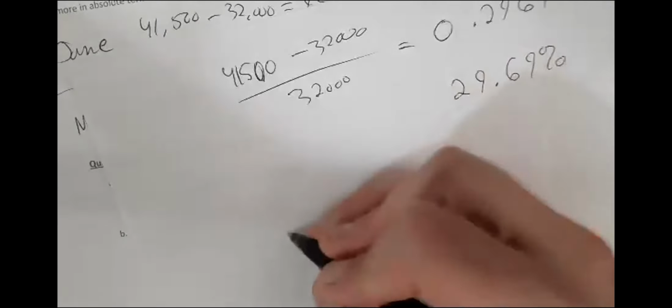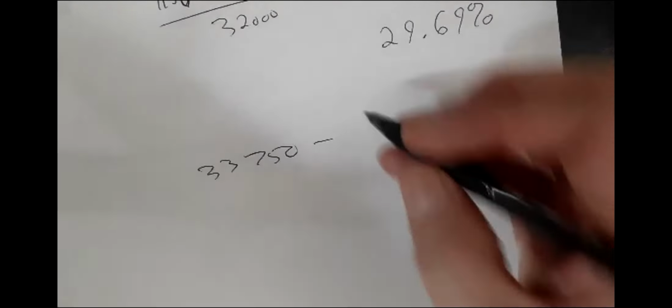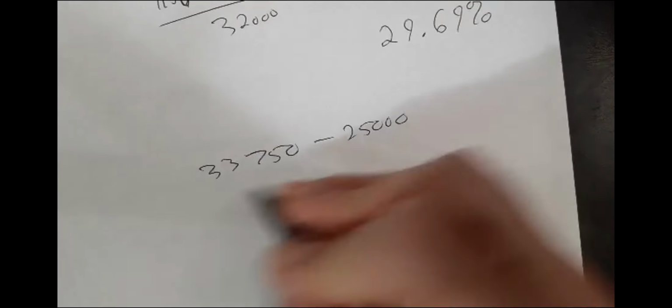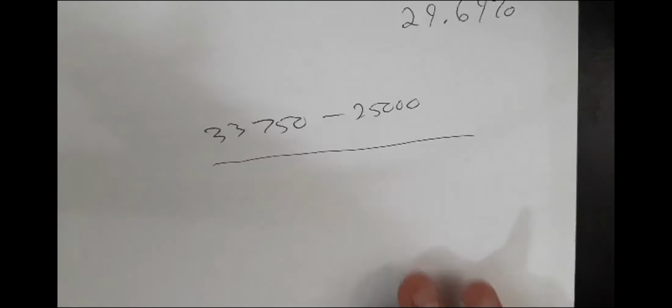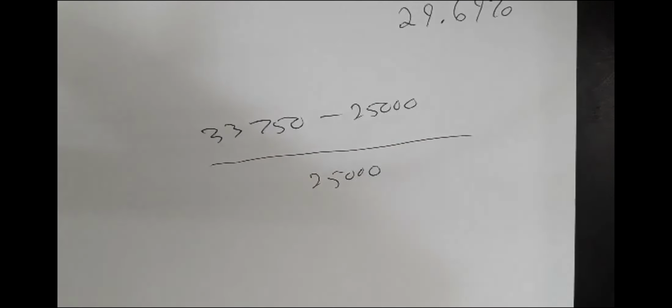His increase should look similar. I'm going 33,750, subtracting the 25,000, and dividing by the 25,000.